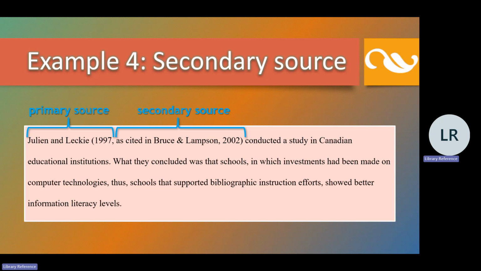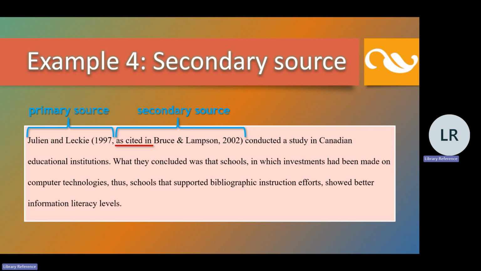We start with the primary source, Julian and Lecky 1997, as cited in Bruce and Lamson 2002, conducted a study in Canadian educational institutions. So by mentioning this as cited in phrase, we actually clarify that we didn't read the original.